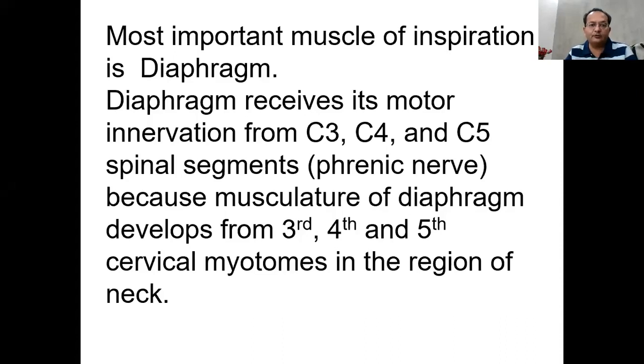Diaphragm receives its motor innervation from the phrenic nerve, that is C3, C4, C5 root value, because the musculature of the diaphragm develops from the 3rd, 4th and 5th cervical myotomes in the region of the neck.